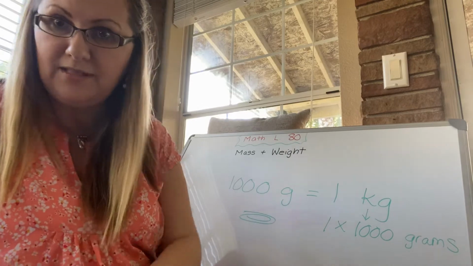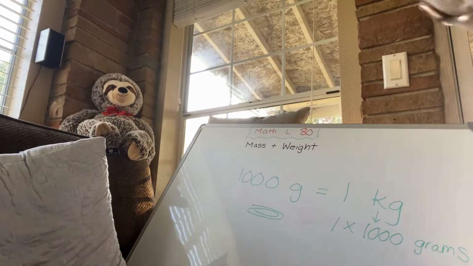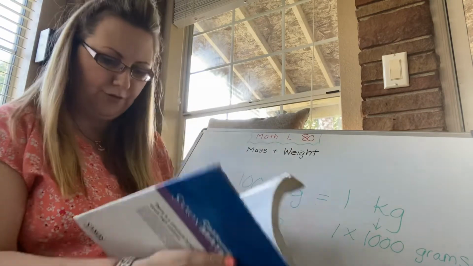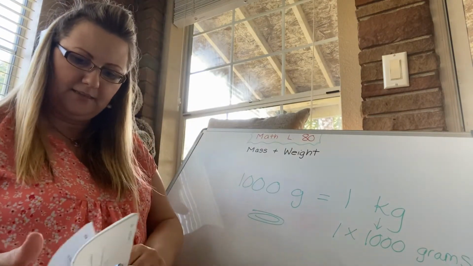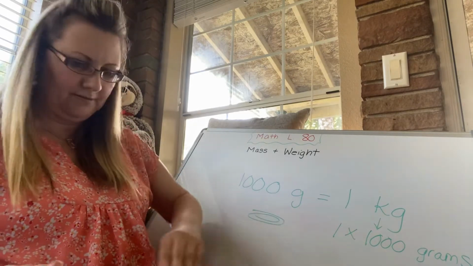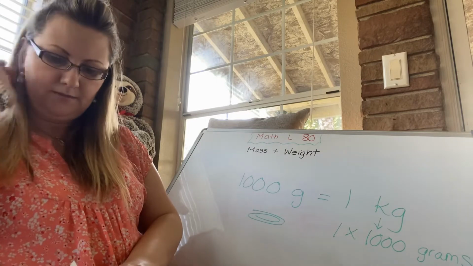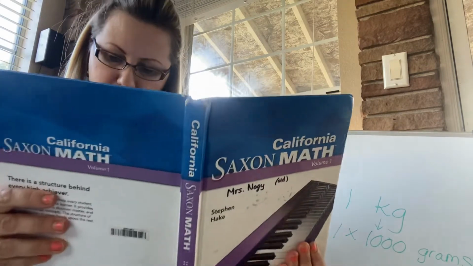Hold on one second while I go grab my book. Thank you for your patience. I have a book just like yours at home. There's a glossary at the back, and I have volume 1 in front of me. You have volume 2.